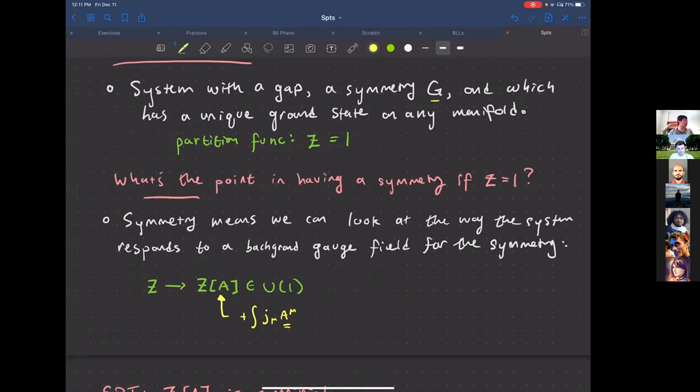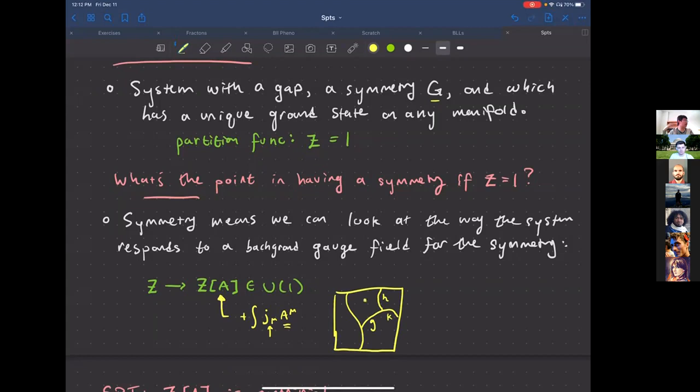In the case where the symmetry is some discrete symmetry, or maybe a space-time symmetry, where this current operator doesn't exist, then what I mean by coupling to a background field is taking a system like this and putting in some defects into the system, where the defects are labeled by group elements, and where these defects are essentially charge operators.